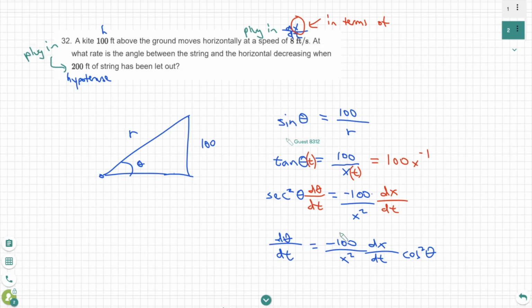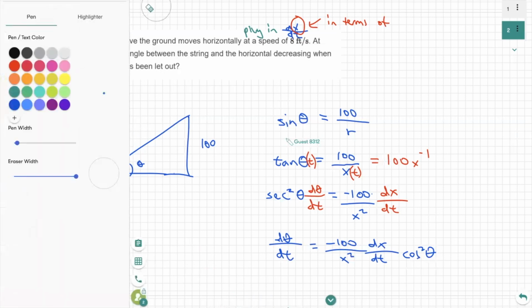So we have a value for cosine squared theta and dx over dt at a certain point in time. Now, what do we do with x? I suppose we can figure that out with the Pythagorean theorem as well. So now we can start to plug stuff in.